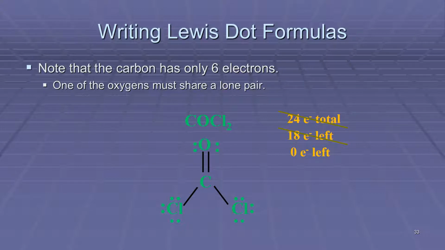Okay, so there you see the oxygen now is sharing 4 electrons and has to itself 4 electrons. So the oxygen still has 8, and the carbon now has 8. Now, why did I pick the oxygen and not the chlorine? Well, that goes back to that earlier slide. Oxygen likes to make 2 bonds.